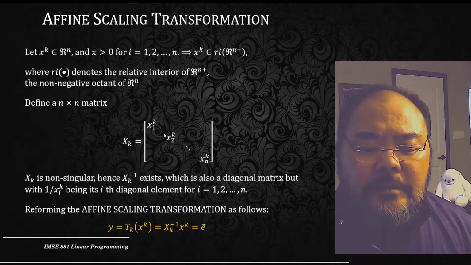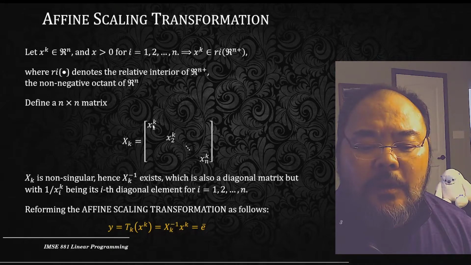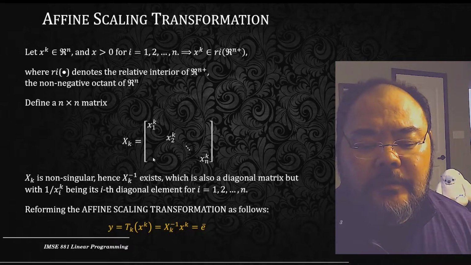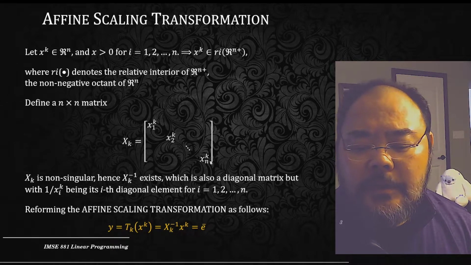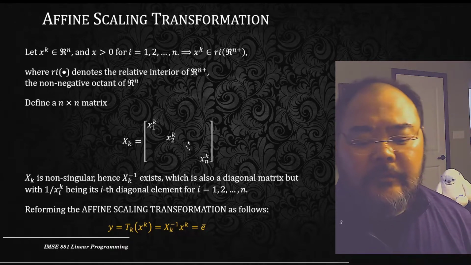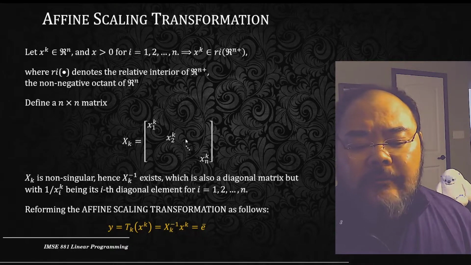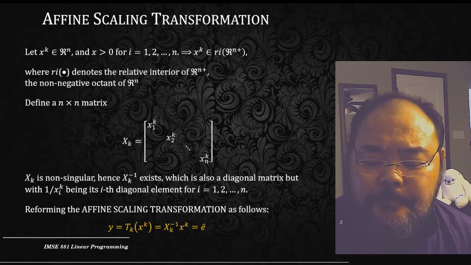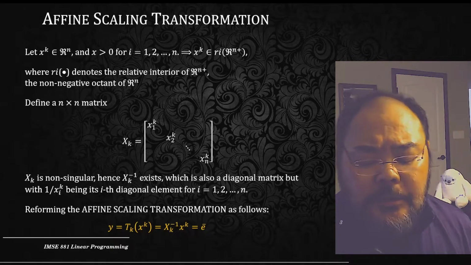This is a non-singular matrix, since all the diagonal elements are strictly positive in this case, and also the X_k inverse exists, which is simply the reciprocal of each one of the diagonal elements, so 1 divided by x_i^k will be the inverse. So we define this very simple so-called affine scaling method, and we call the new variable y.